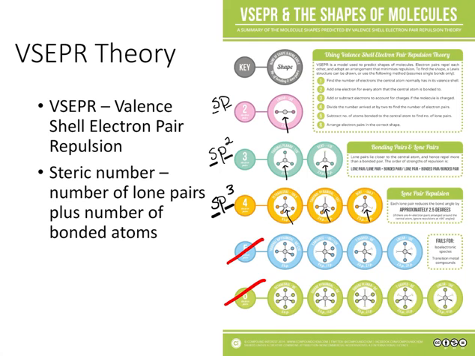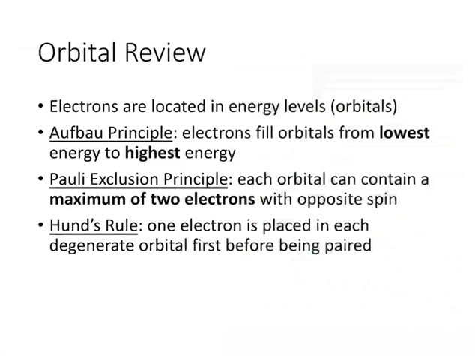Okay, so let's go over some rules for filling in electron orbitals. So remember that electrons are located in energy levels or orbitals. We can draw an energy diagram here where we start with energy level 1, and that just has a 1s orbital.